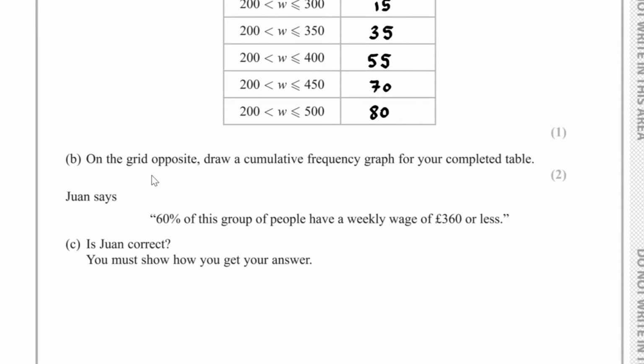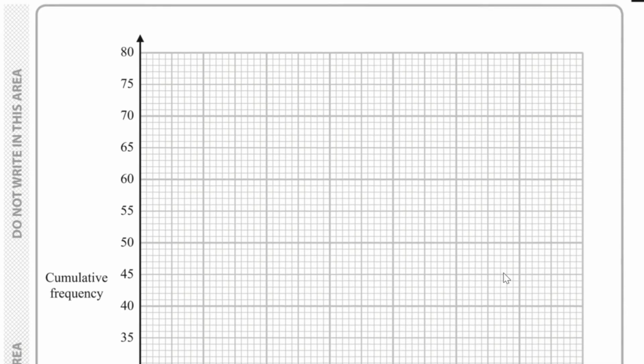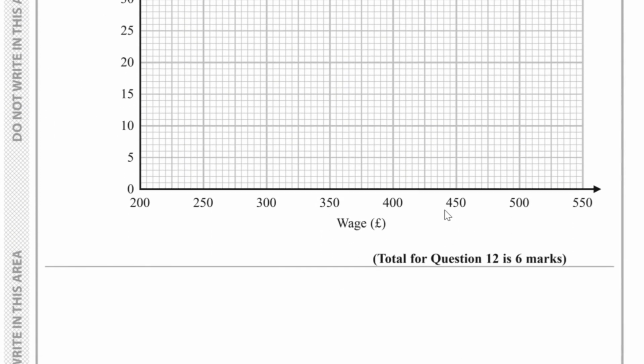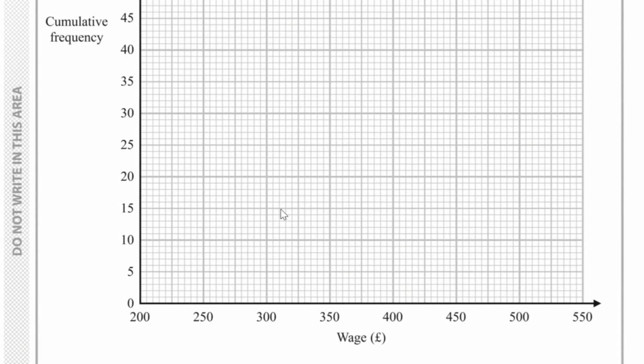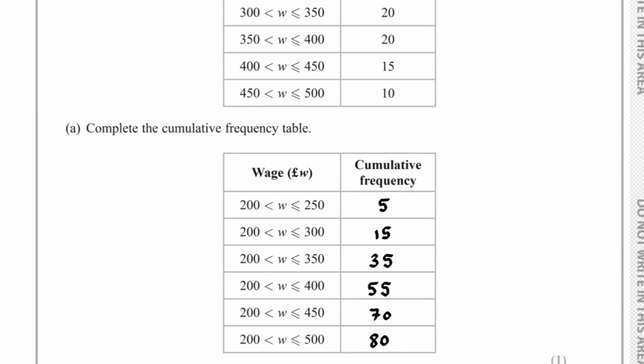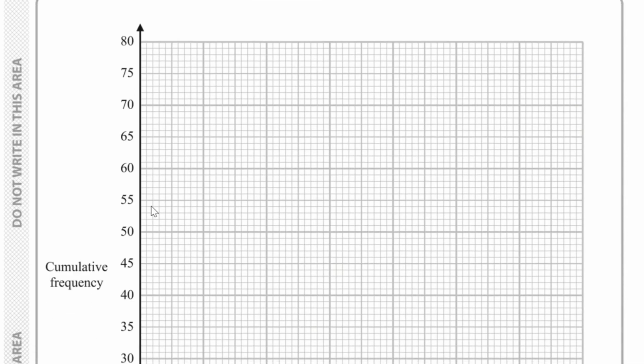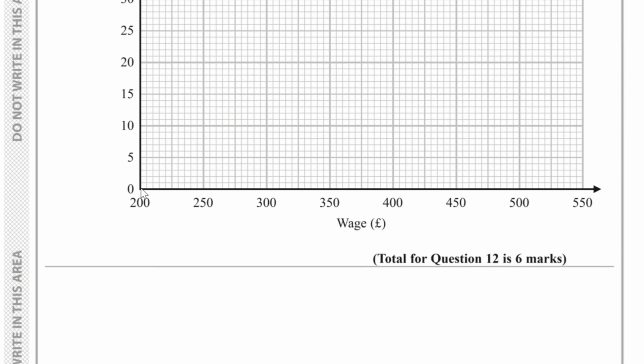For part B, we have to, on the grid opposite, draw a cumulative frequency graph for your completed table. Here is our cumulative frequency grid, which is not filled in, so we have to fill it in. So we've got 205, which is here.